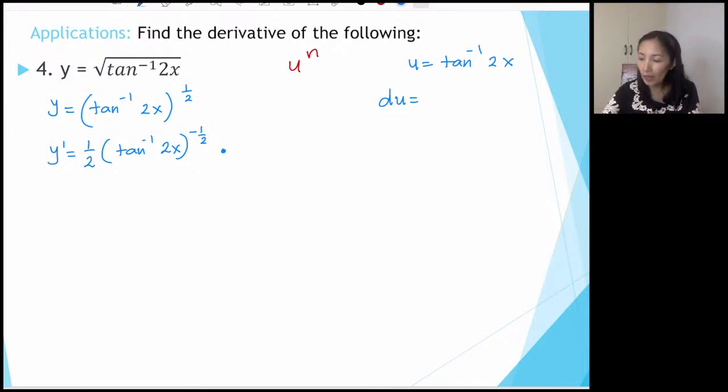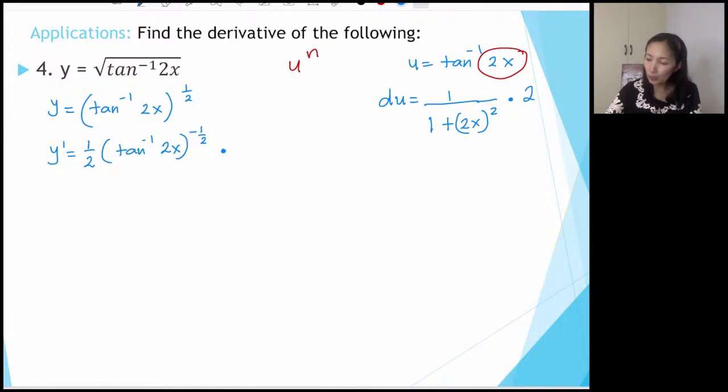So 1 over 1 plus u, referring to the argument, so 2x raised to the second power, times derivative of 2x, which is 2. Okay, so du must be equal to 2 over 1 plus 4x squared.